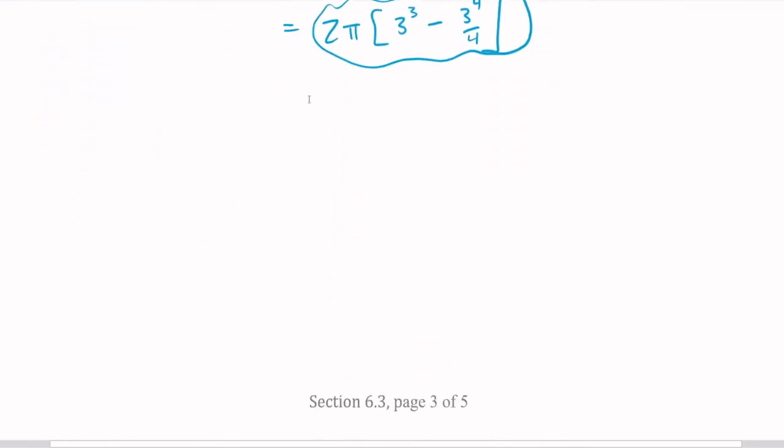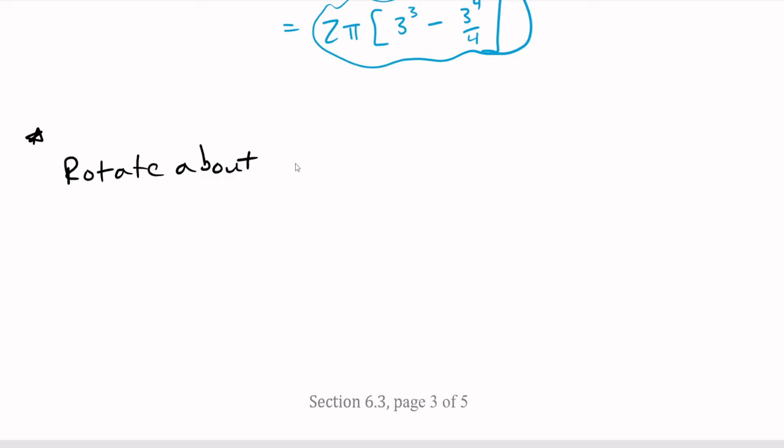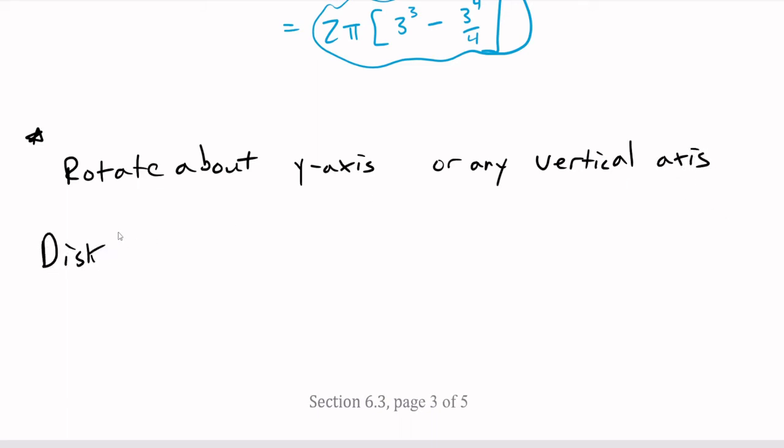Okay, so let me give you a little all-together piece here. Here's something you can try thinking about. When you rotate about the y-axis, or any vertical axis, so I can do x equals 1 as an example, here's what happens. Disk and washer from last section are going to be dy.